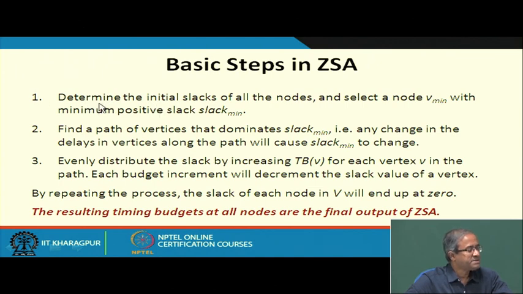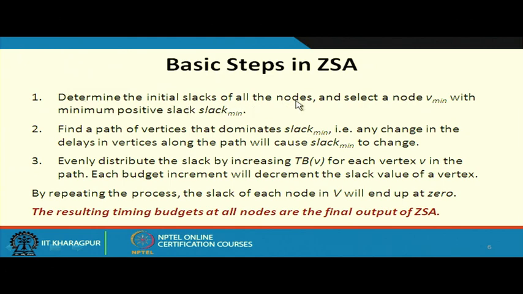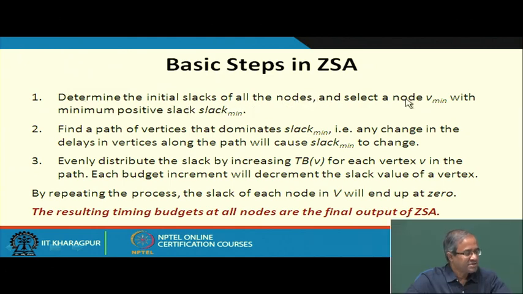First step is the conventional static timing analysis. Given the netlist, you calculate AAT, RAT and the slack values. So, you determine the slack values of all the nodes, you select a node, let us call it V min, which has the smallest positive slack min.